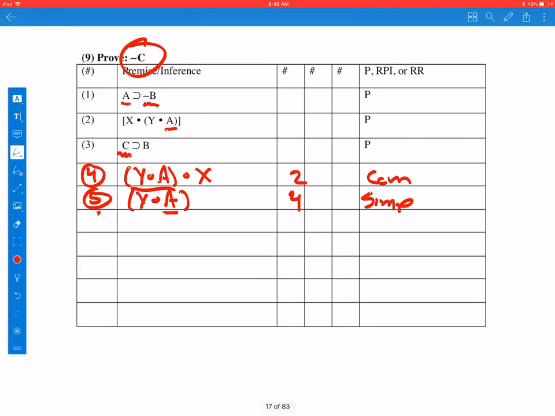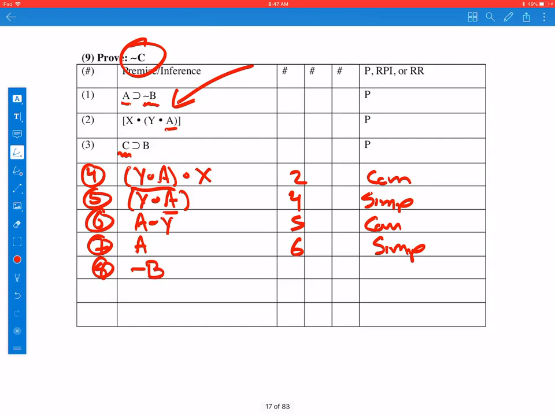Remember, I'm after the a, it's on the wrong side, so I need to do another com move, get a and y from 5 by com, and now I can get the a from 6 by simplification. What were we going to do with that a? We were going to get a not b from line 1, so let's do that.